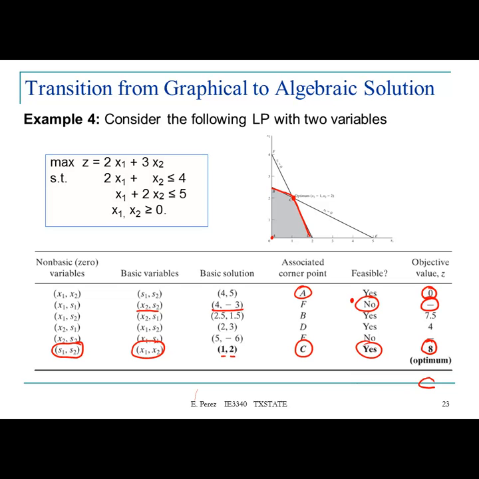That's your last point. If you look at the objective value column, you are maximizing, so the largest value from this list is 8, meaning that your optimal solution is going to be point Z. So you have found the optimal solution for your problem, which means that x1 equals 1 and x2 equals 2.